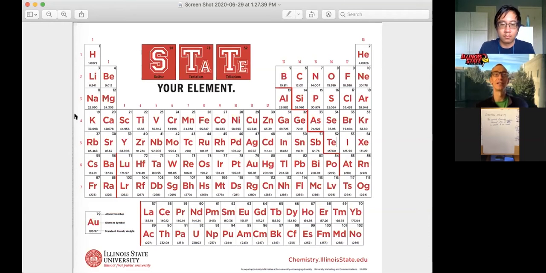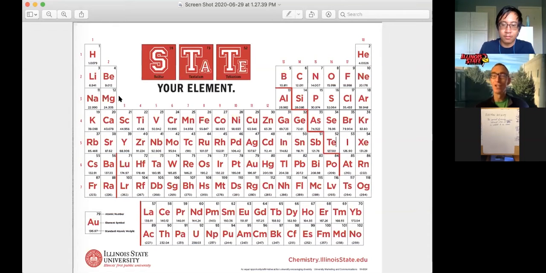Metals on the left-hand side are really unlikely to accept electrons. And so elements like fluorine, chlorine, bromine, sulfur, oxygen have high electron affinity, and elements like sodium and magnesium have low electron affinity. So far, so good? Yeah, that makes sense.